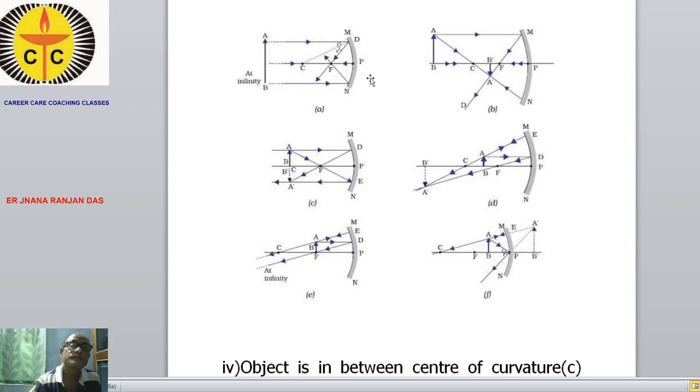Then the second position of the object, between infinity and the center of curvature. Similarly, you consider the ray diagram. A ray falls on the surface of the concave mirror and is reflected back.